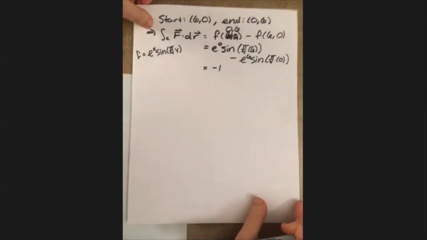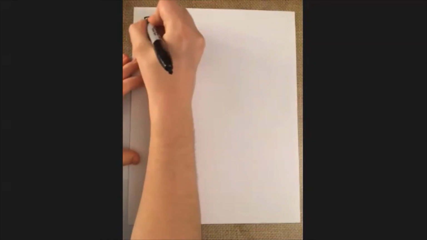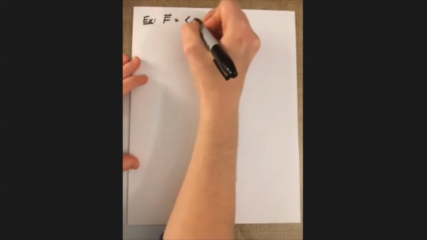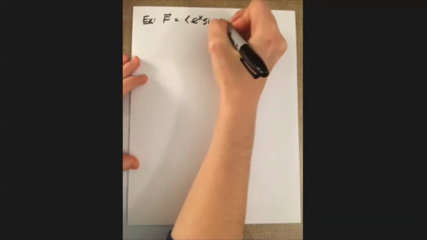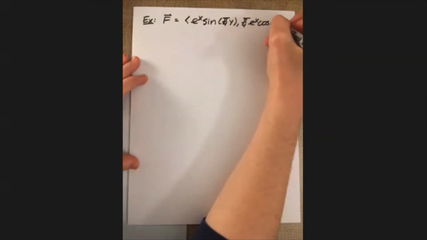Now, I want to compare this to a similar problem on the same vector field, but with a different curve going through it. We have our vector field being exactly the same as before, e to the x sine of pi over 4 y, and then pi over 4 e to the x cosine of pi over 4 y.